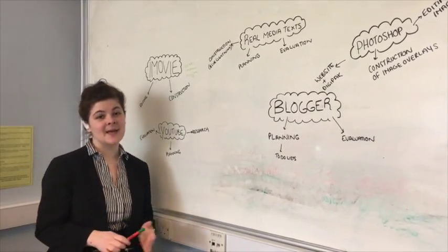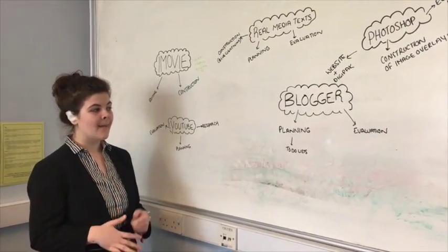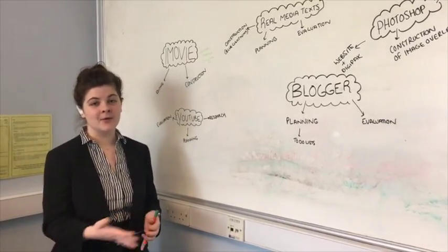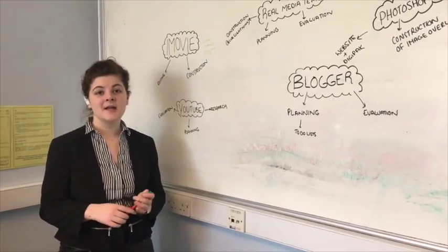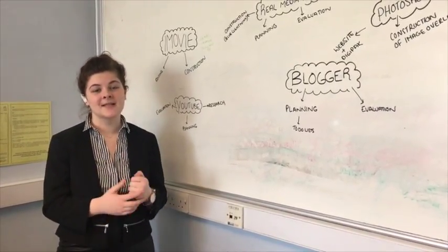Real media texts played a huge role in the researching process for all of my products. And then Blogger helped me to keep track of everything I was doing, helped me evaluate my products. So overall, these are the 5 main technologies I used this year to plan, research, evaluate and construct both my main product and my ancillary text.